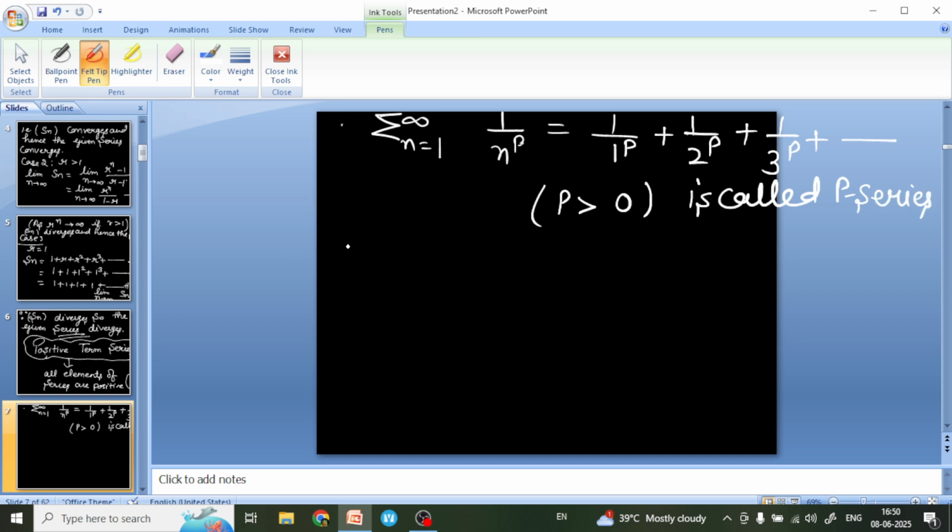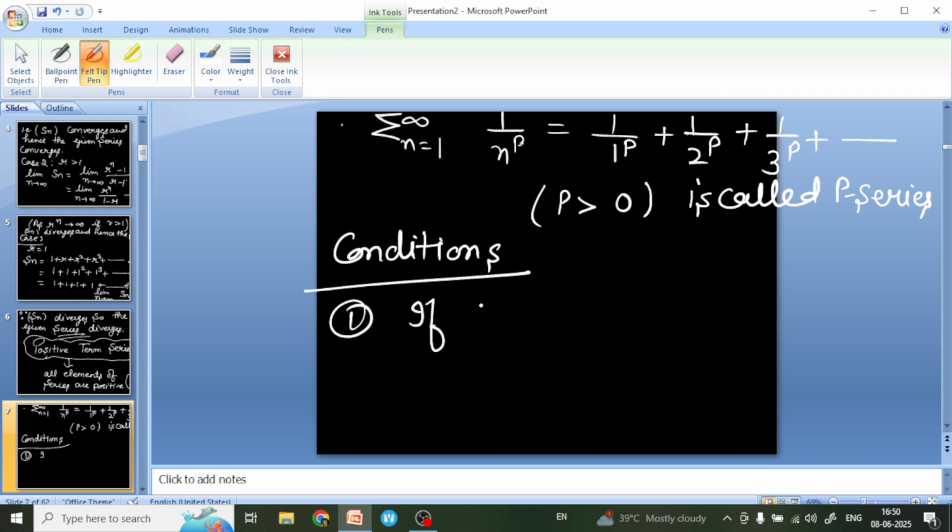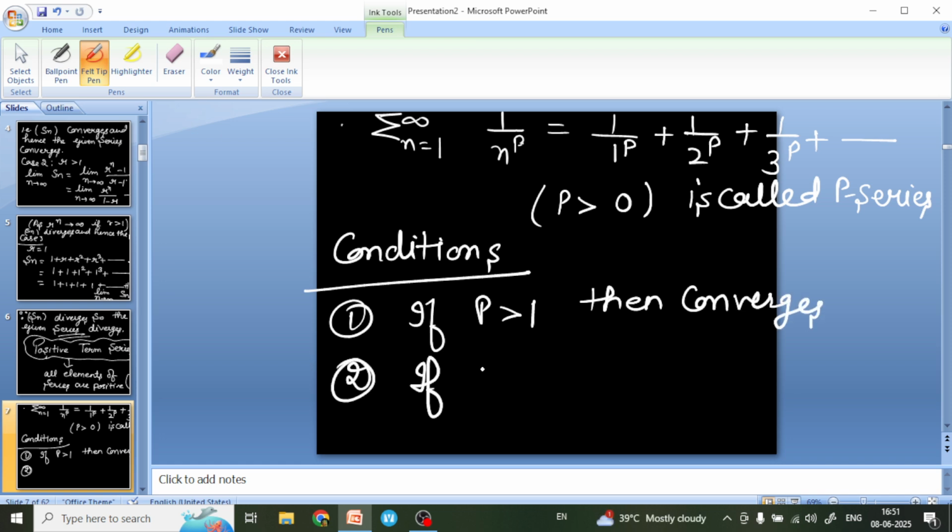Keep in mind two conditions. First, if p is greater than 1, then it converges. Second, if p is less than or equal to 1, then it diverges.